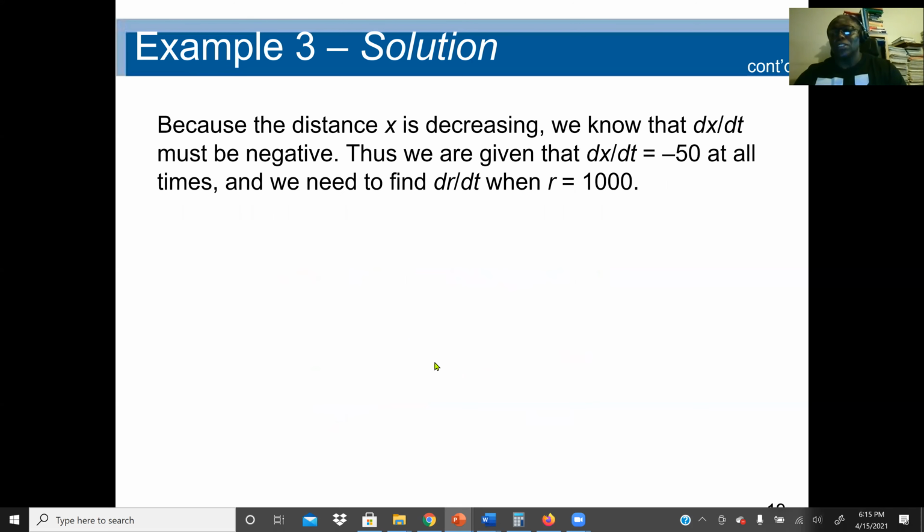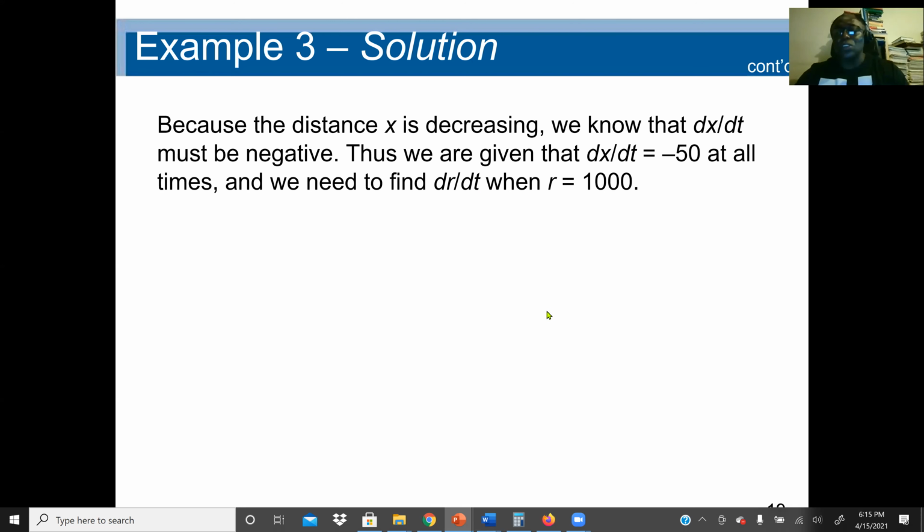Now, because the distance S is decreasing, we know that dS/dt must be negative. They gave us 50, but because the distance is going down, it's negative 50. So we have dS/dt = -50, and we're looking for dR/dt when R is 1,000.